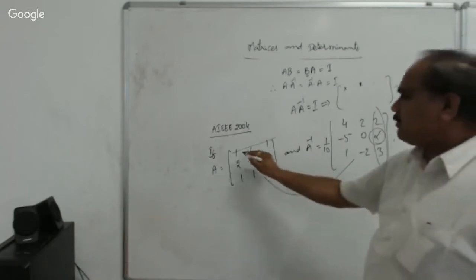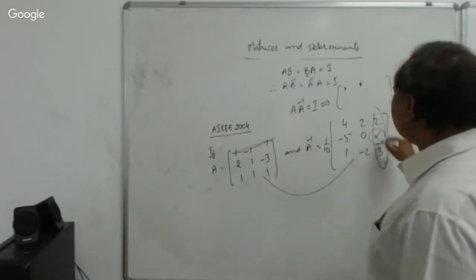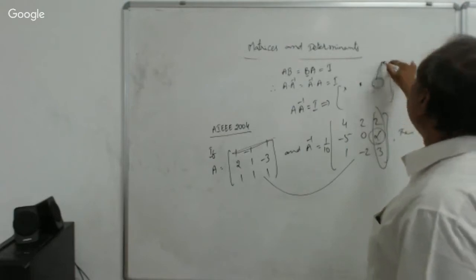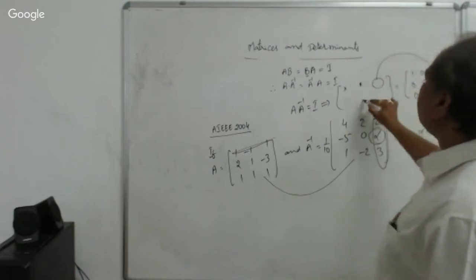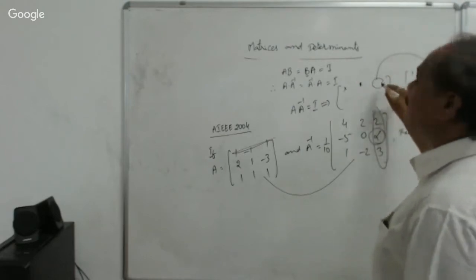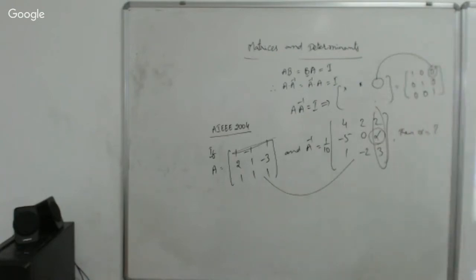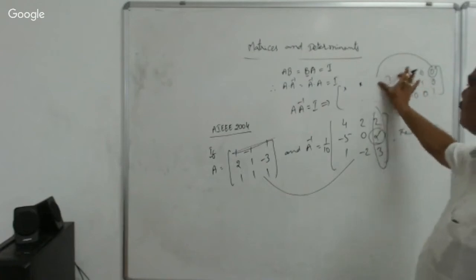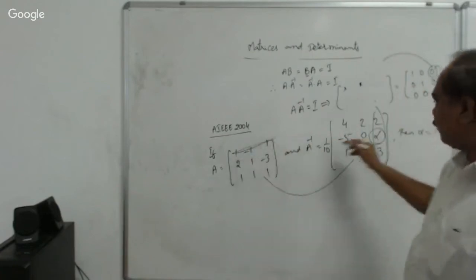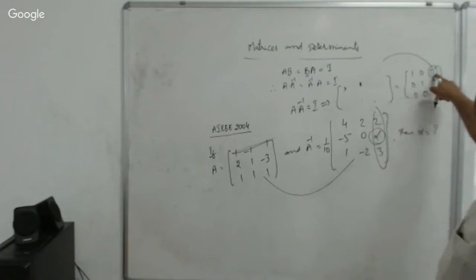That's why just multiply the first row with the third column and equate it to 0. Why? Because these two matrices are equal, therefore their corresponding elements are also equal. Multiply first row with third column and equate to 0, you will get the answer.